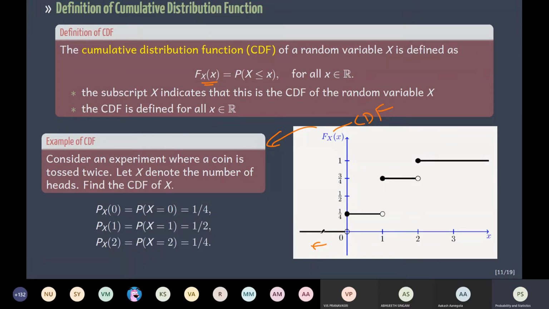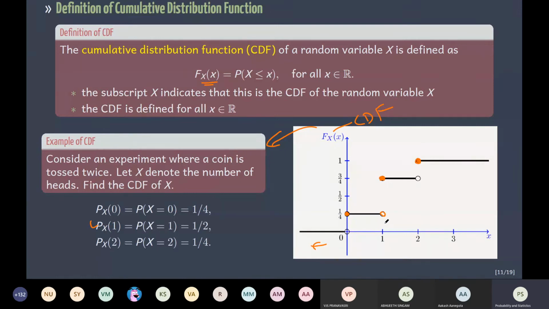And then at 0 the probability jumps to 1/4, which is here, and then at X equals 1 it suddenly jumps to half. So this bold dot means that it is taking the value, and this open dot means that it is not taking this value here. So at 1 the value it is taking is this bold one. At 2 the value it's taking is 1.